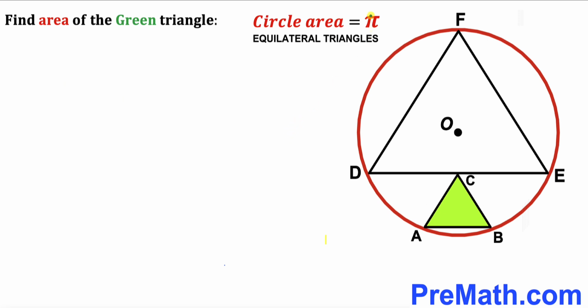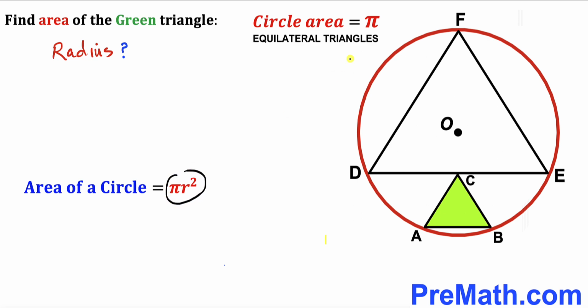We know the area of this circle has been given to us as pi. And now we are going to find the value of the radius of this circle. Let's recall the area of a circle formula, area equals pi r squared, where r is the radius of the circle. So I can equate this pi r squared with this circle area pi. So I can write pi r squared equals pi.